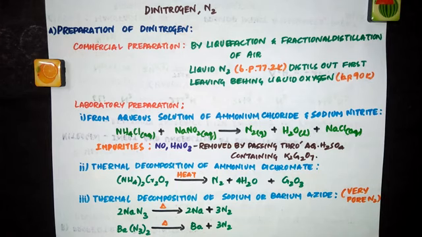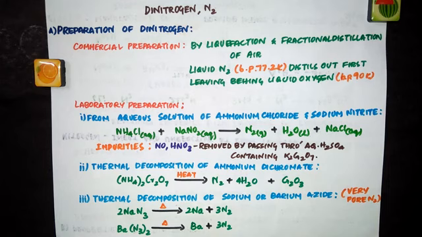We know how to do this liquefaction and fractional distillation. Fractional distillation is done by taking into consideration the difference in the boiling points of different liquids. Liquefaction is liquefying a gas, changing a gas into liquid. So you liquefy and then do fractional distillation to get nitrogen.